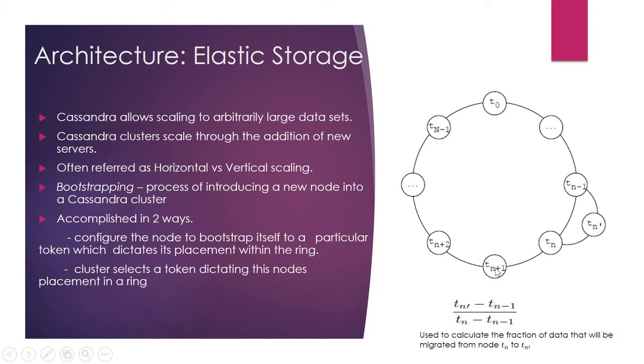The approximate fraction of data that will be migrated from node Tn to Tn', I'm sorry, from node Tn to Tn', can be calculated using the equation described in the paper: (Tn' - Tn-1) divided by Tn-1.